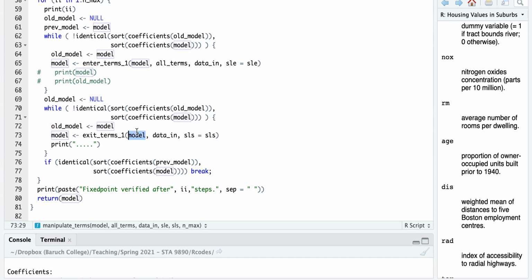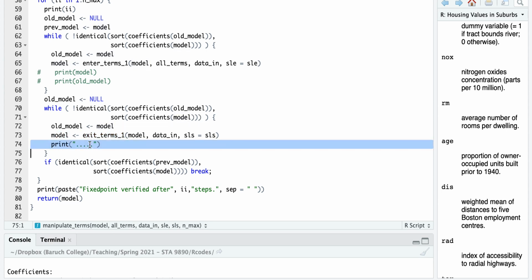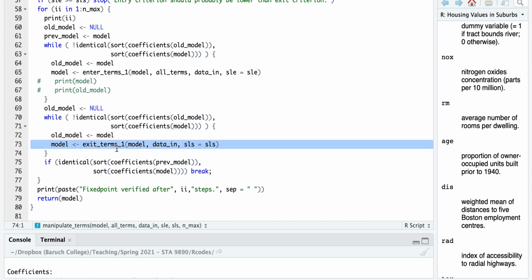Again, we look into this model and all the predictors, and this function finds the predictor, the one with the highest p-value, essentially, whose removal is best. It places the result into model. And if in doing this the model doesn't change, then model will be the same as old model. They will be identical, and then we will exit this loop.